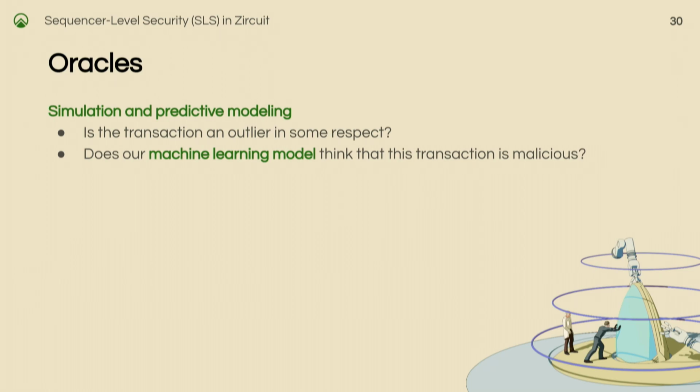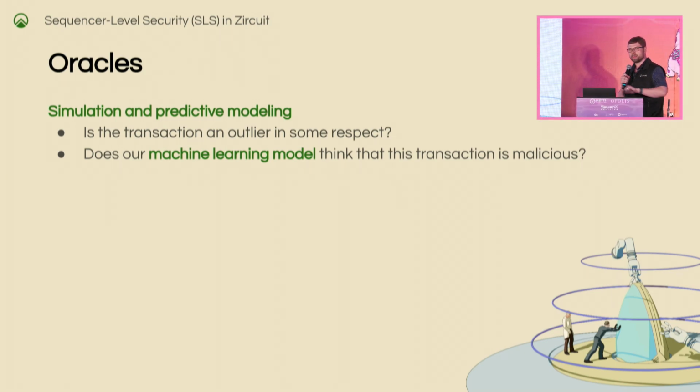We are a blockchain, we are a platform, so we are here to provide a blockchain. But there are many, many companies in the space that provide active monitoring solutions and similar technologies, right? All of these technologies can be turned into oracles, and we are doing that. If you don't know how an oracle could work, imagine this. Most of them are currently based on some simulation of the transaction and then predictive modeling, machine learning, or something like that.